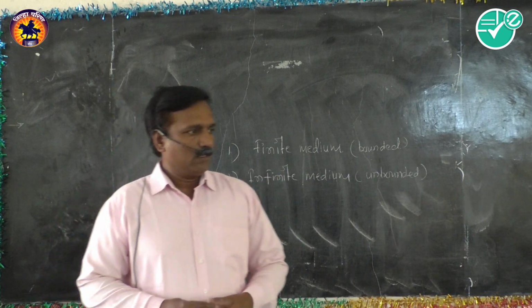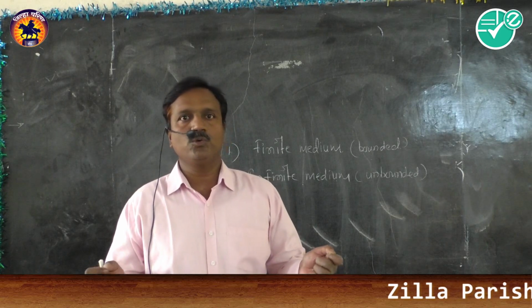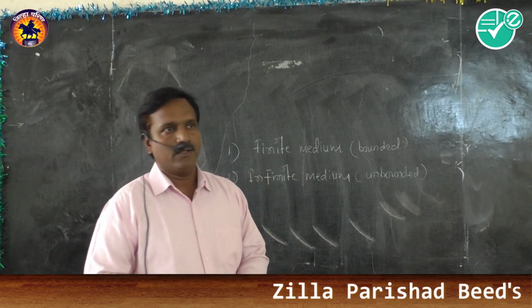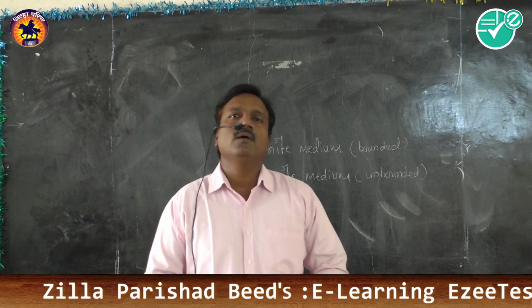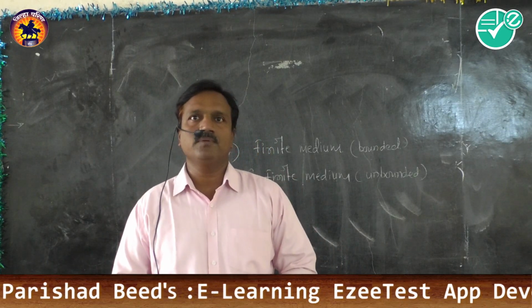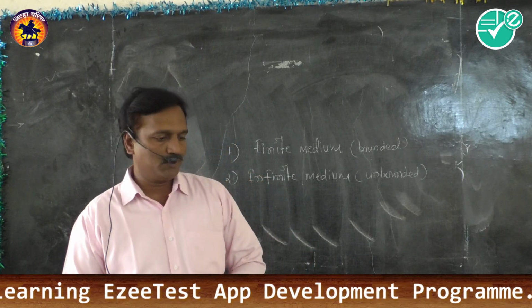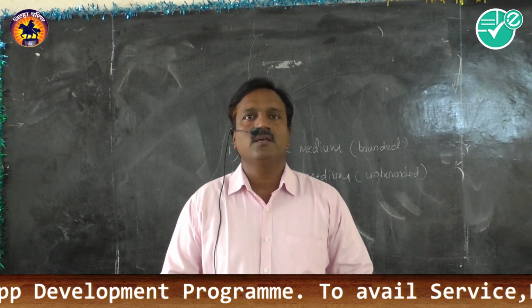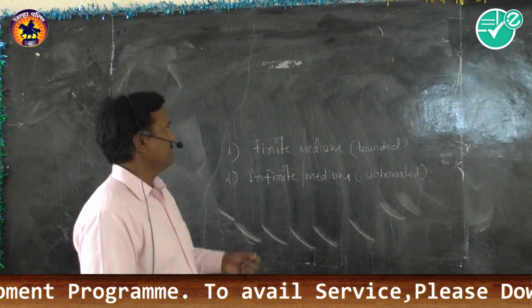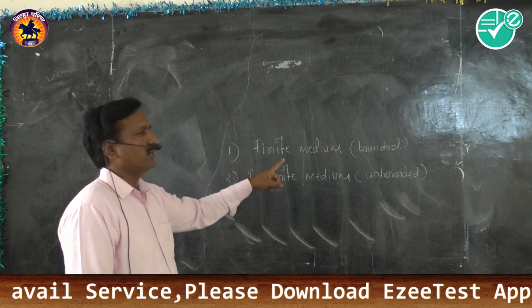Like that, a string plugged within two rigid supports, or if some wave travels through a pipe, an organ pipe or a resonance pipe. Therefore, in this case there is reflection of the wave from that boundary.